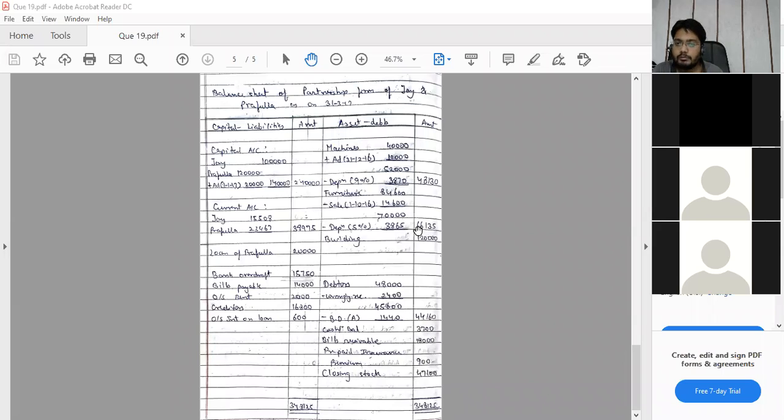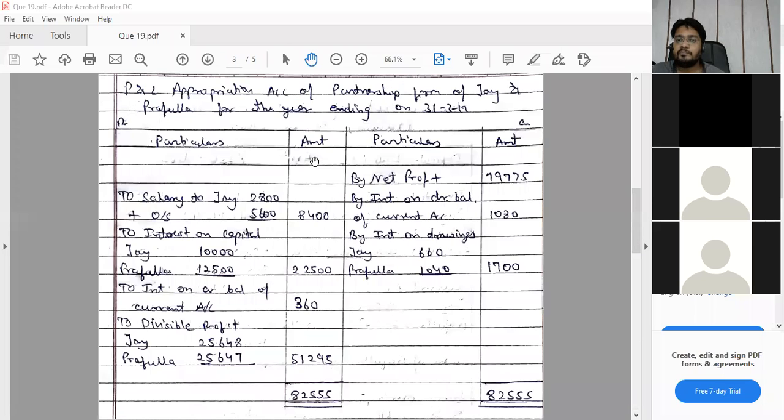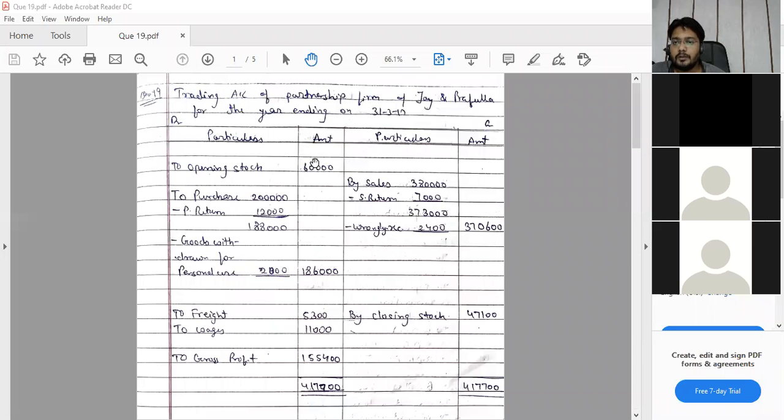So you have to deduct that 2,400 from the sales as well as from the debtors. Deduct from the sales the wrongly recorded 2,400.